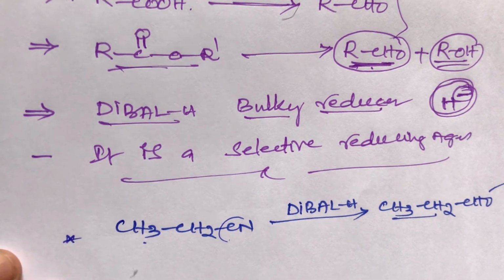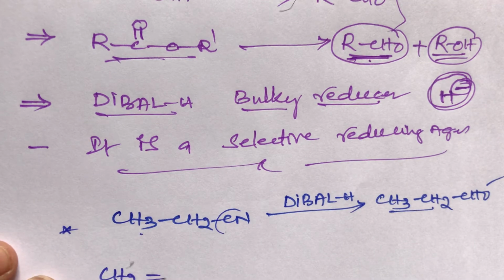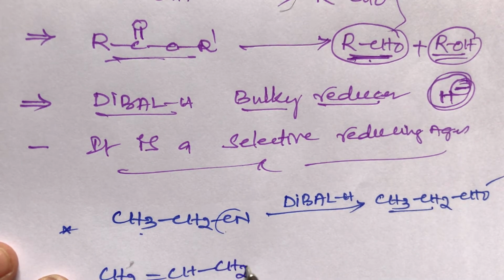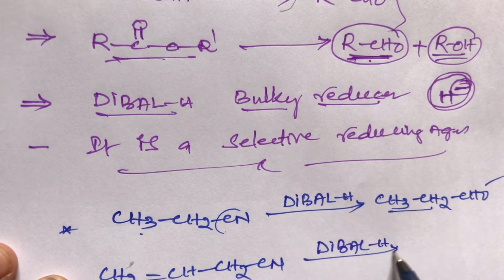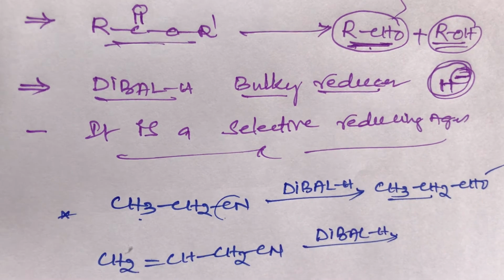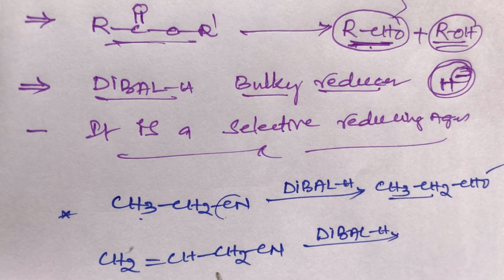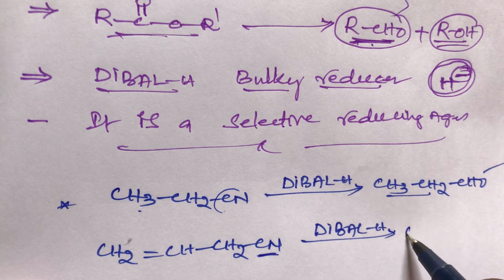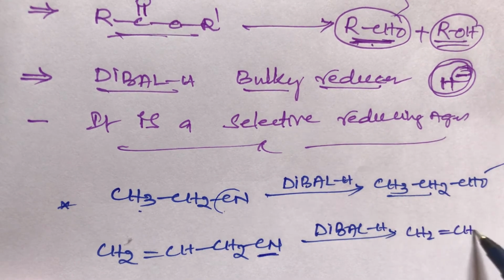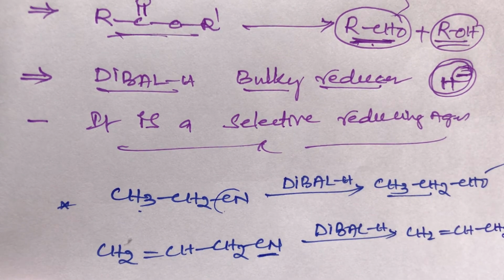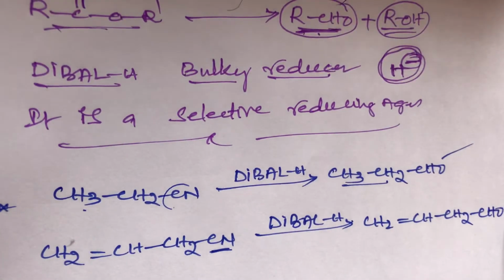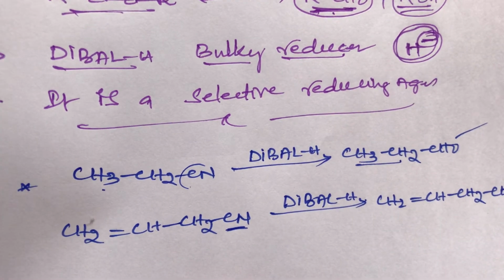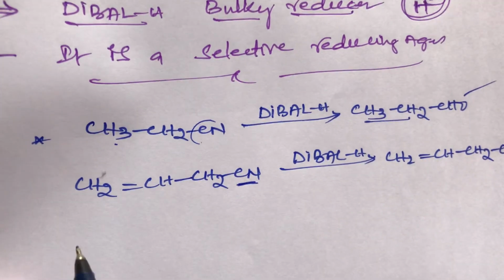The second one is CH2 double bond CH single bond CH2CN in the presence of dibal. Here a double bond is present. Dibal cannot reduce the double bond, so it reduces only the cyano group. The cyano group is converted into aldehyde, so the product is CH2 double bond CH single bond CH2CHO. And one more example, for acid chloride.